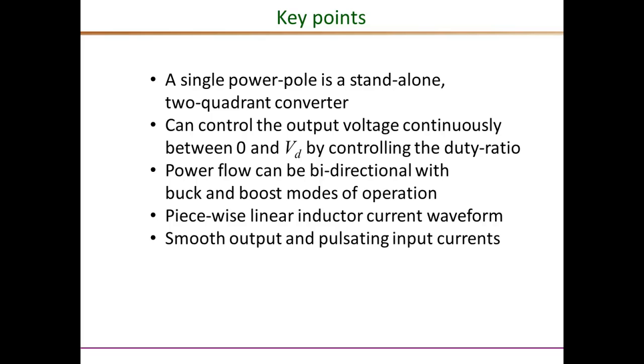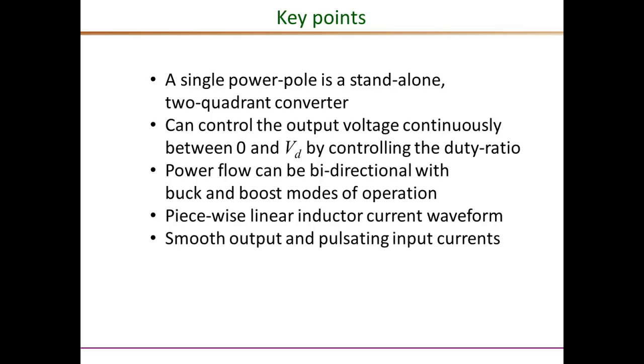Okay, so here are some key points that we discussed. A single power pole is by itself a full-fledged power converter. It can give a 2-quadrant capability with positive voltage only, but bidirectional current. By controlling the control voltage or the D, we can smoothly and continuously control the output voltage anywhere from 0 to the full DC link voltage, VD or VN.